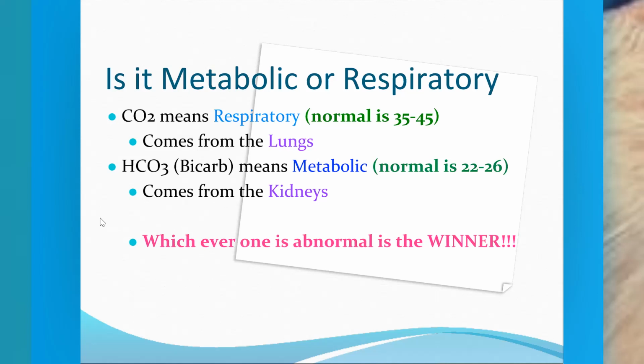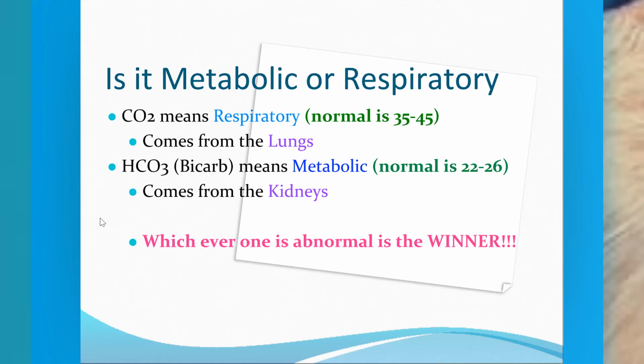When we look at CO2 and our respiratory component, think about our anesthetic value, when we are monitoring patients under anesthesia. We want them to be 35 to 45 millimeters of mercury. That is our normal range, and that doesn't change in our blood either.